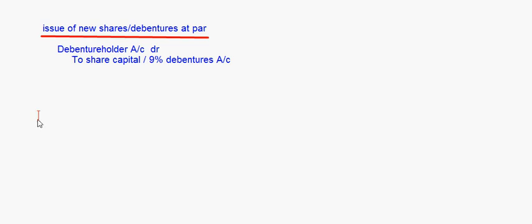the second case, in which issue of new shares or debentures at a premium.